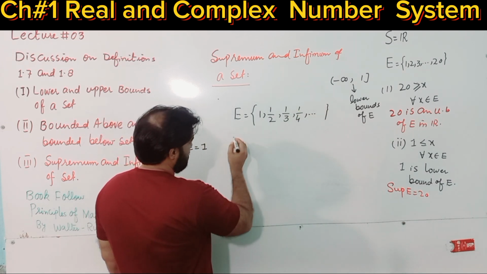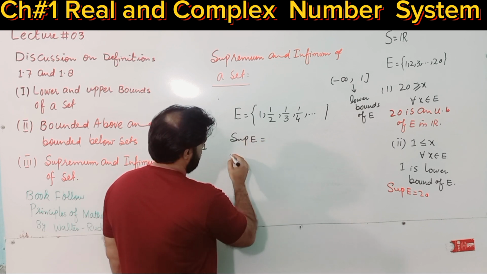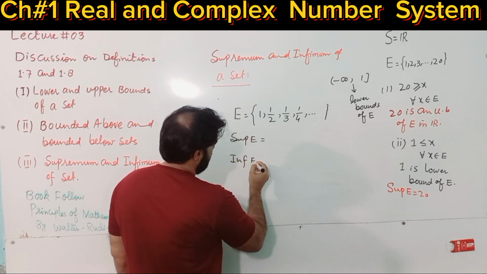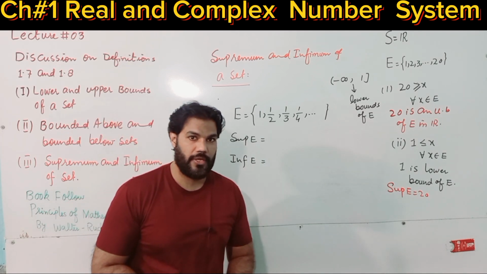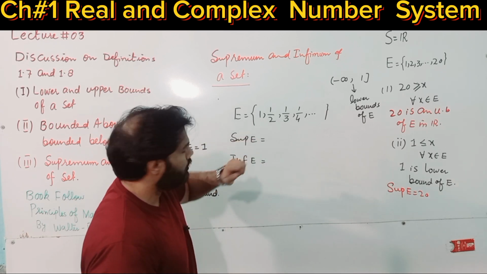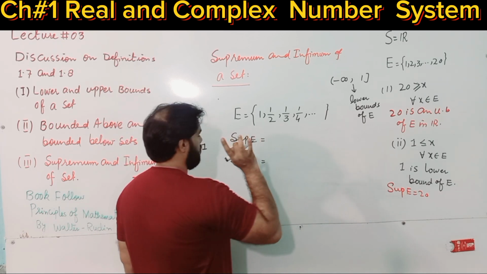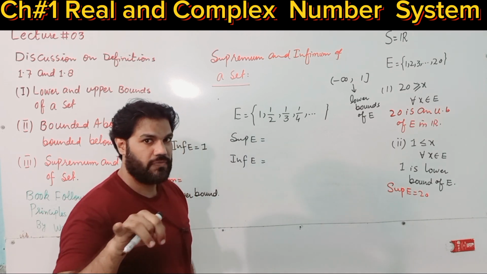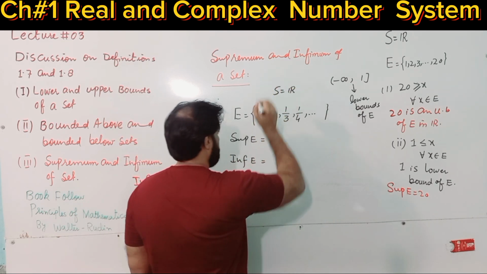Our question is what is the supremum of E and what is the infimum of E, and also whether the supremum and infimum belong to the given set or not. Suppose we want to find them in the set of real numbers R, that is, our ordered set is again the set of real numbers R.